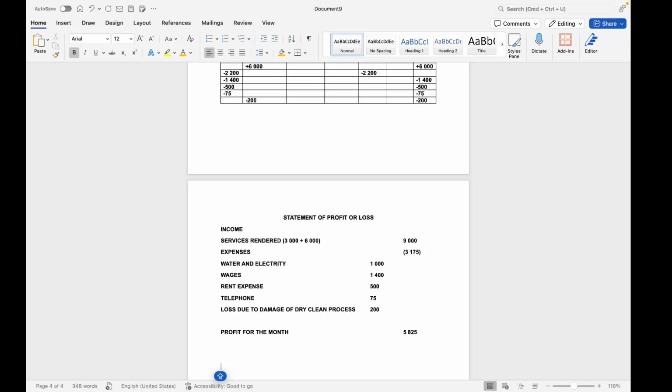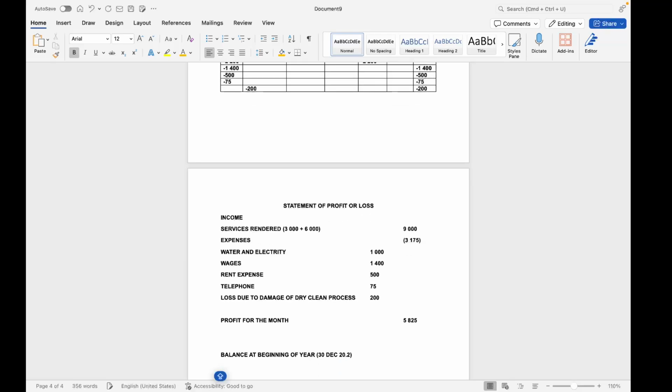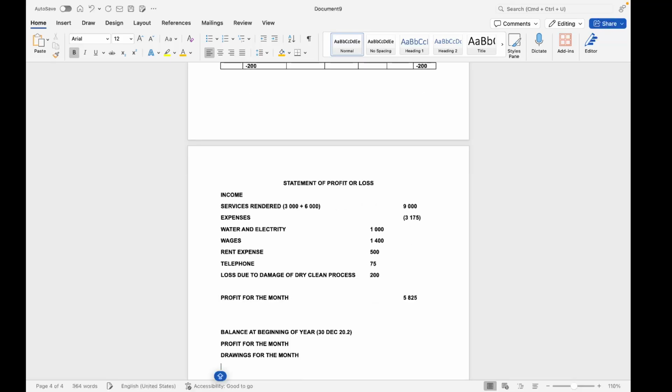Yes. Okay. And now for our statement of changes in equity, we're going to have our balance at the beginning of the year, which is 30 December 2022. We're going to have our profit for the month. We're going to have our drawings for the month, and then we're going to have the balance at the end of the month, right?